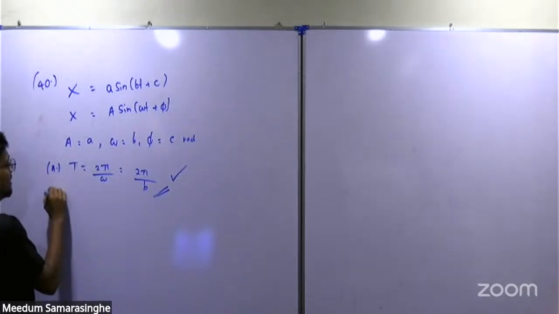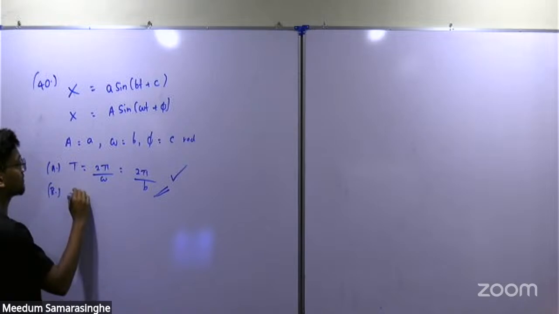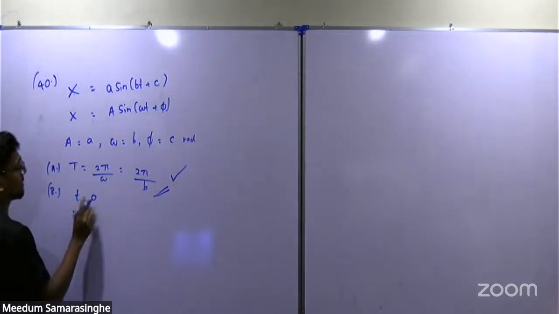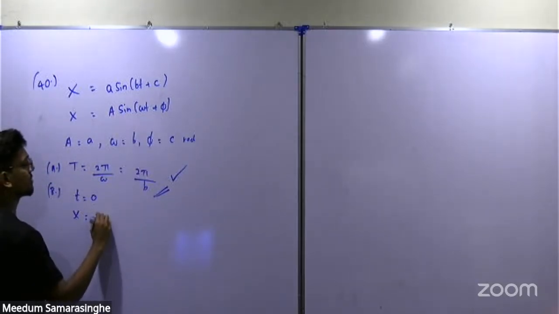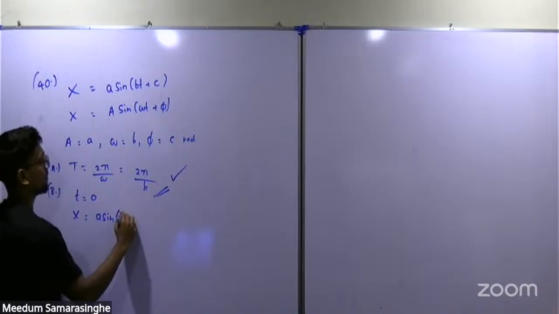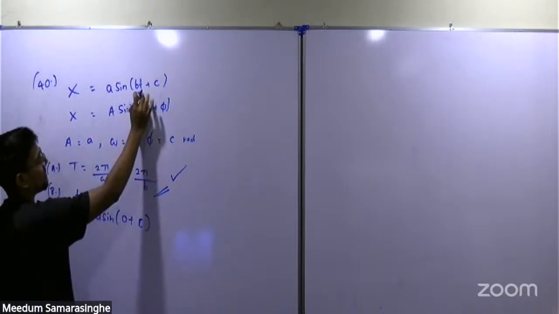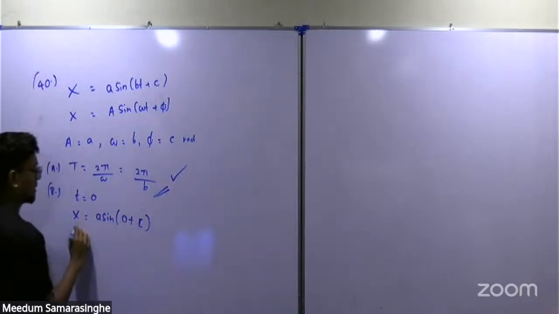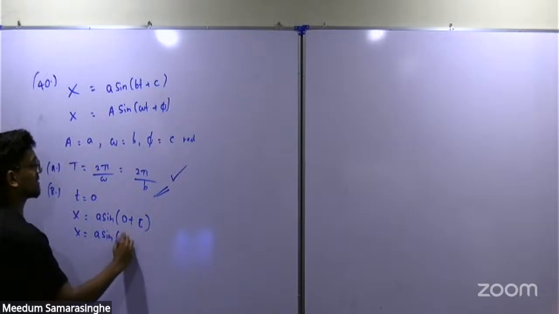Now we need to find the velocity when time equals 0. When time equals 0, you can plug that into this equation. You have x equals a sine bt plus c. Time is 0, so the bt term becomes 0, and you have displacement a sine c.